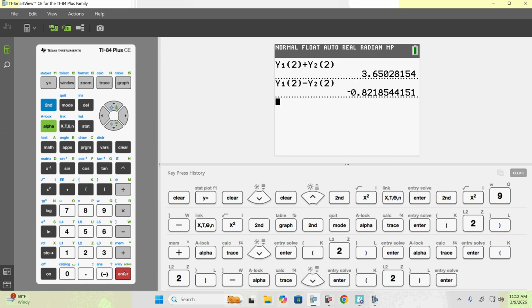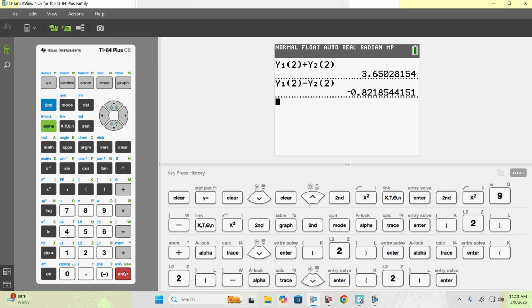And how to do y1 minus y2. Questions on how we type this in? Able to get it typed in?